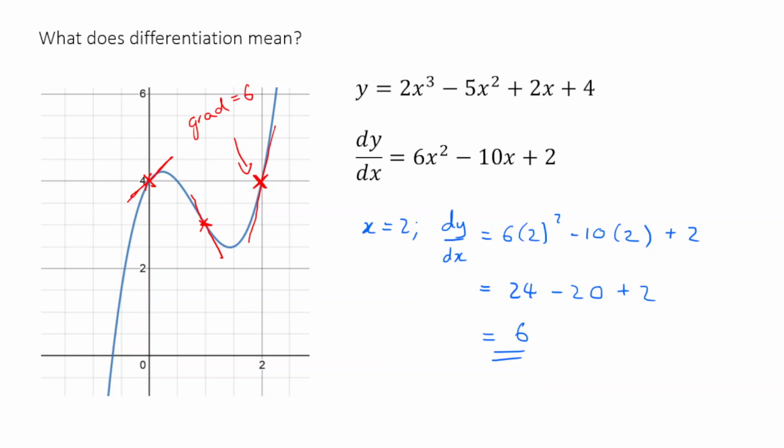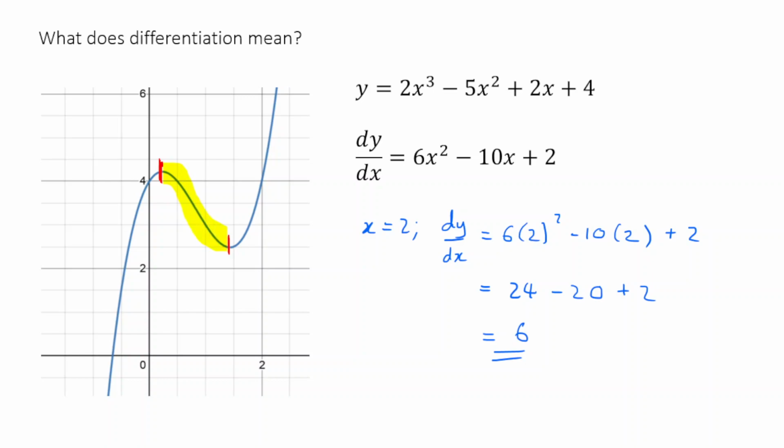Okay? I've got one last thing I want to challenge you with. You notice that when x was 1, the value changed to a negative. That makes sense, because between this point and this point, the graph is always sloping downwards.